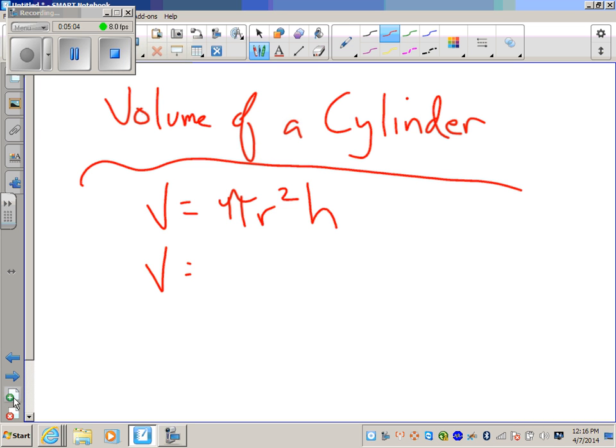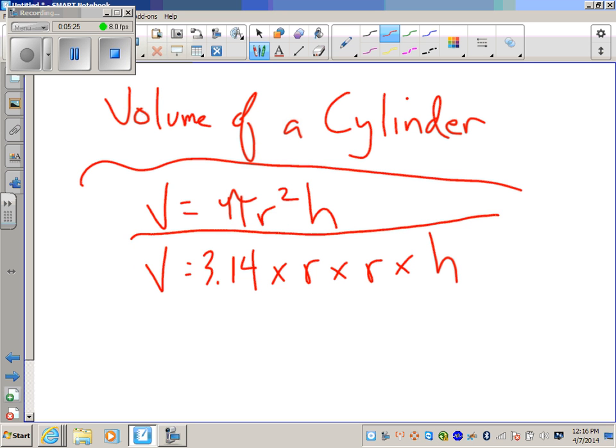What does this mean? Okay, this is the long way, but this is probably the clearer way for you.